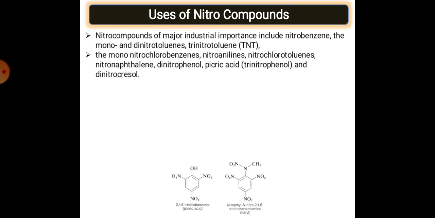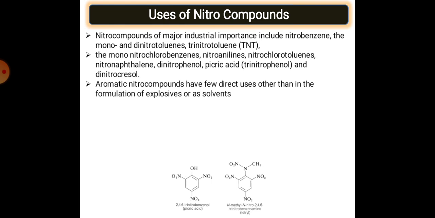Mononitrobenzene, nitroanilines, nitrochlorotoluene, nitronaphthalene, dinitrophenol, picric acid, and dinitrocresol are all compounds used in industry. They have lots of applications in industry particularly. Aromatic compounds have few direct uses other than formulation of explosives or as solvents in organic chemistry.